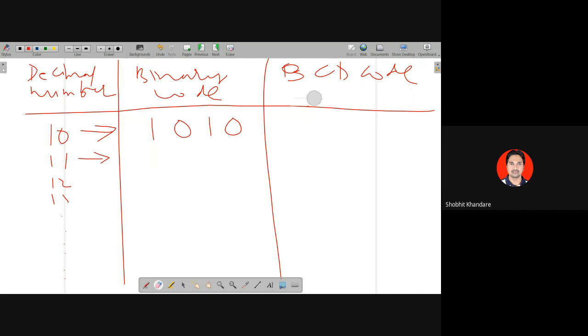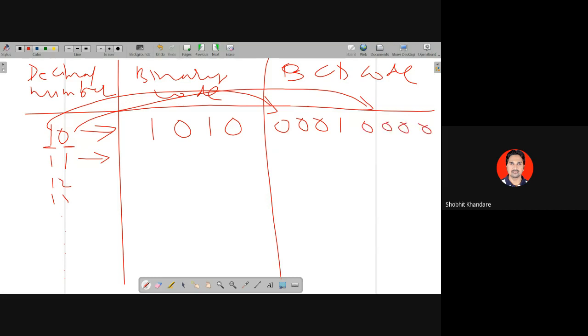Now see the representation of 10 in BCD now. So the representation will be of 2 digits, 2 symbols. एक है ये 1 और दूसरा है ये 0. This 1 will be represented as 0 0 0 1. And this 0 will be represented as 0 0 0 0.